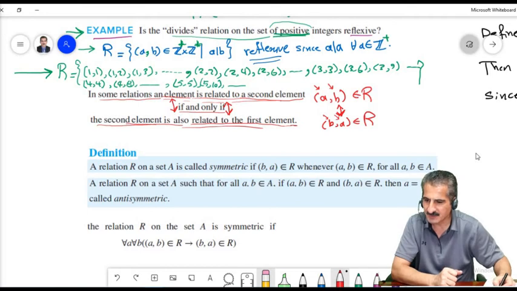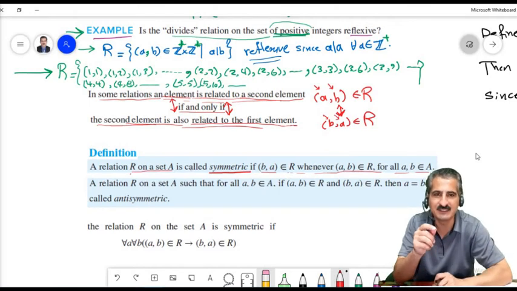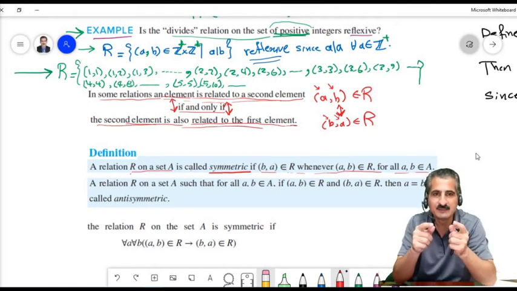A relation on a set A is called symmetric if B will be related to A whenever A is related to B, for all A, B. So we are not saying that for every two elements in A, they must be related to each other in opposite ways.